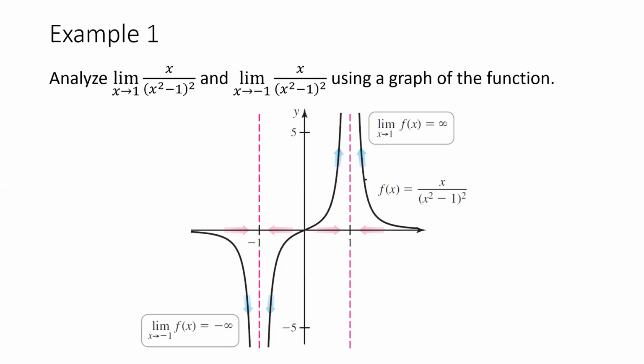So as x gets closer and closer to 1, the function values just blow up. Same thing as x approaches -1: function values go down to negative infinity.